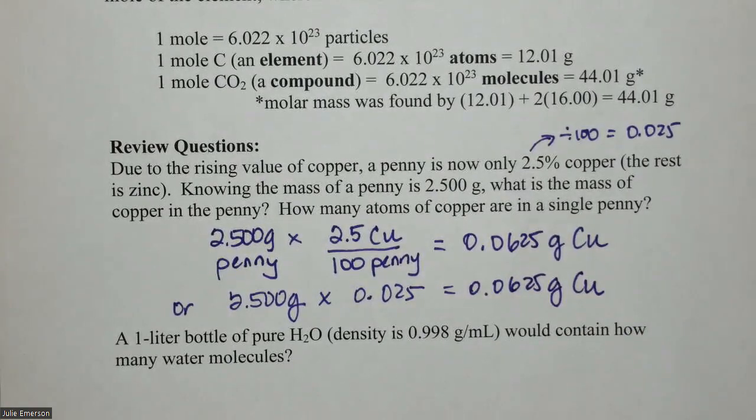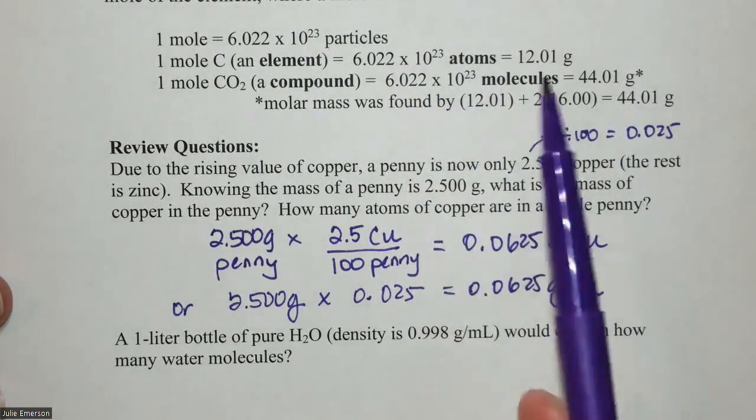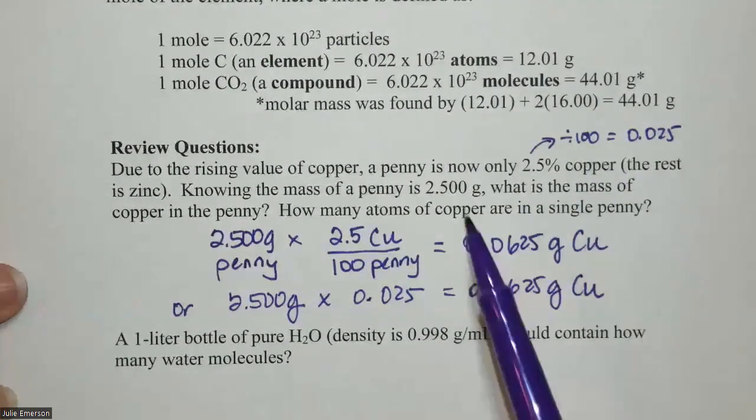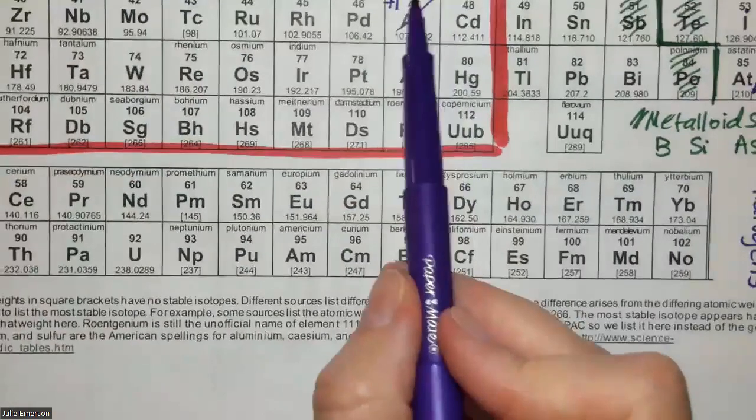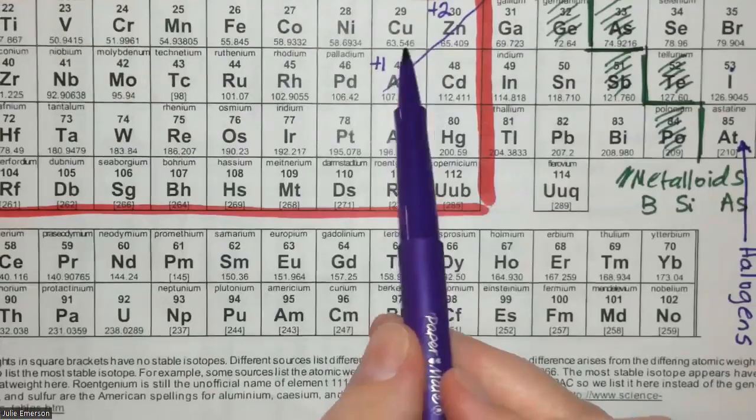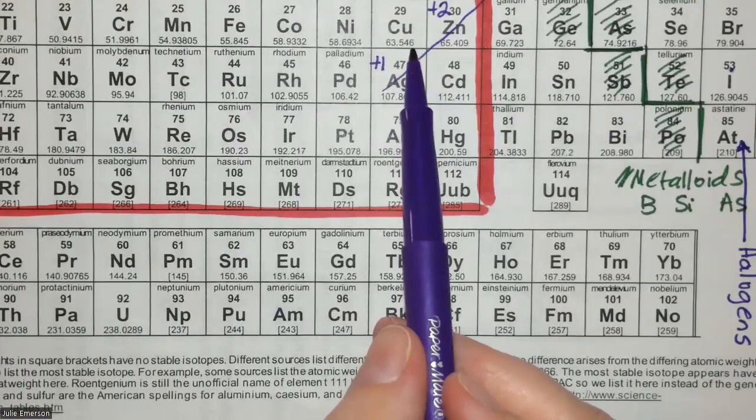Now the question is, how many atoms would be in every penny? So in order to know atoms and grams, we need to know that when we look at our periodic table, that mass number that we have for copper, right? 63.55. It's a mass number.